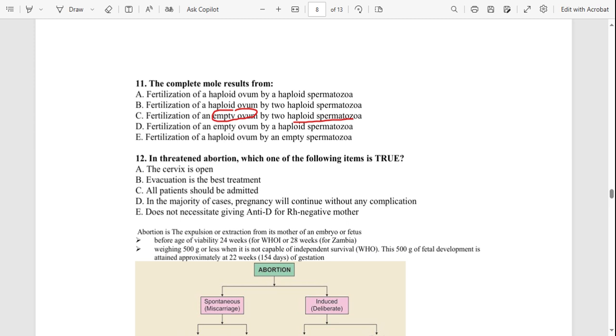Then for a partial mole, it's where there's fertilization of the embryo by two sperm, where there is a haploid set from the mother, and the karyotype is 69,XXY. So with that, what is the best answer here?